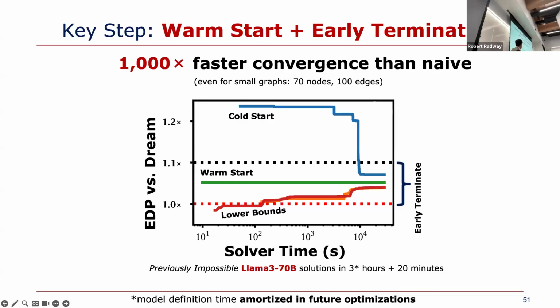But the key insight is that if we can solve that dream chip case, which is relatively straightforward to solve because it doesn't have a lot of the complexities, that gives us this lower bound. If we can use a heuristic to get a warm start solution that we prove is a valid solution that's very close to that lower bound, we can terminate basically instantly because we say, okay, we know that the bound is 5% or whatnot.